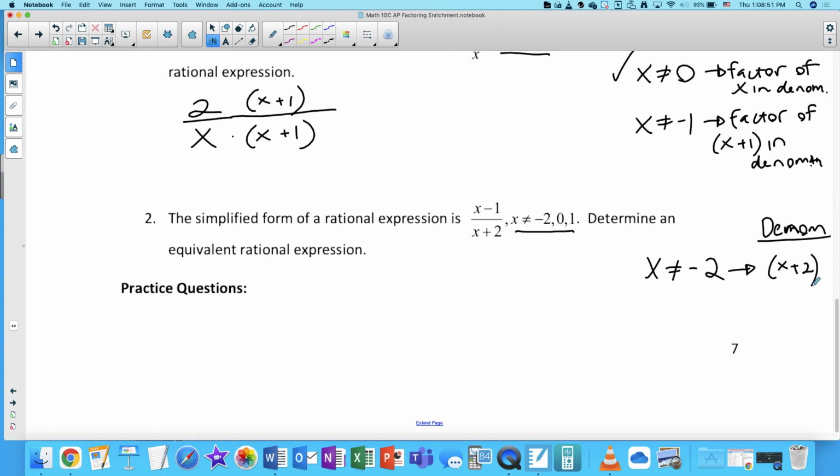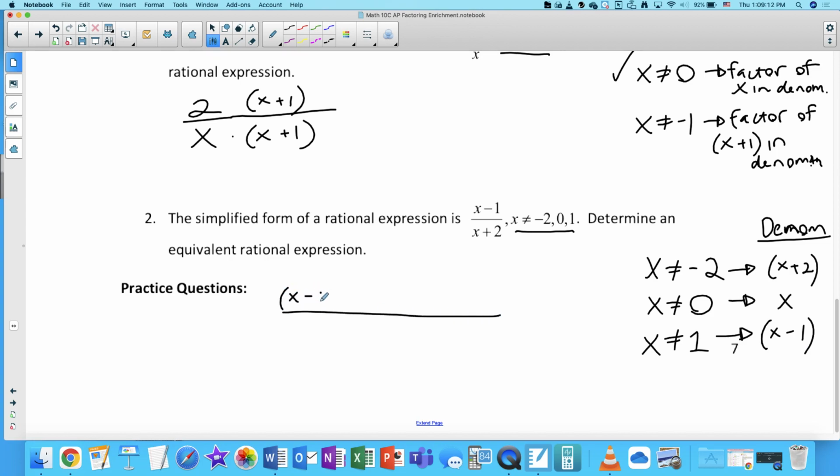Okay, if x cannot equal 0, what do we need to see in our denominator? X. And if x cannot equal 1, what do we need to see in our denominator? X minus 1. Okay, so if I'm looking at this, right now I have x minus 1 over x plus 2.